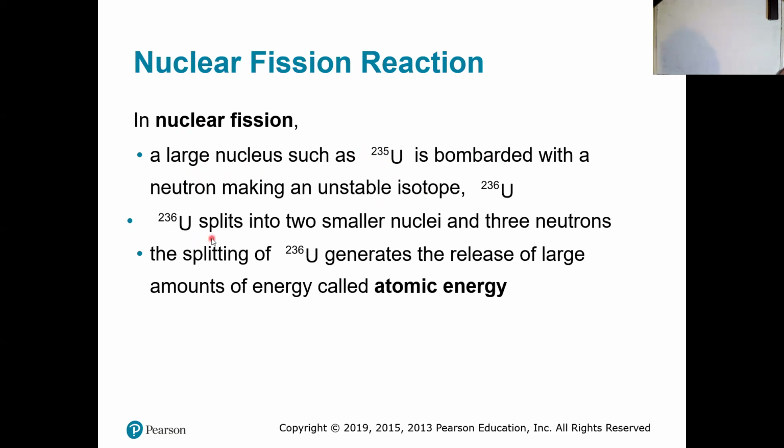That unstable isotope that's formed is going to split into two smaller nuclei that are more stable. But it's also going to produce 3 more neutrons. Okay. And in that process of splitting, when the uranium-236 splits apart into the 2 smaller nuclei and releases the 3 neutrons, it's also going to release a ton of atomic energy. And that energy is what gets harvested in the nuclear reactors.